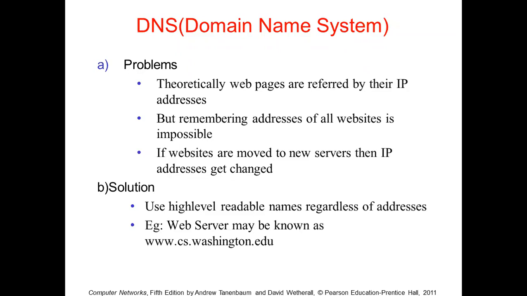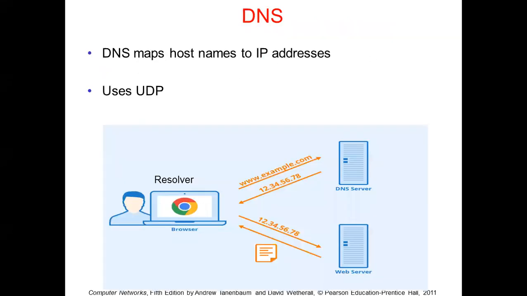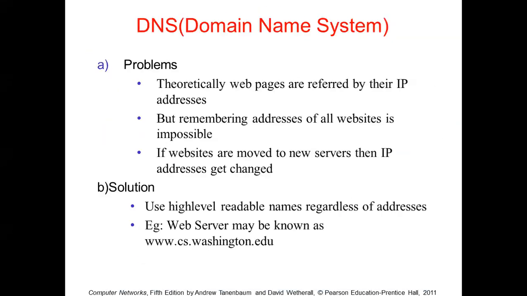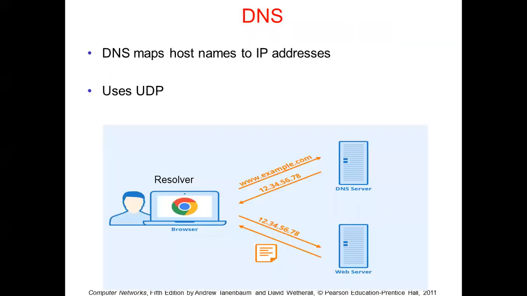And hence, usually what we do is we give names to the web pages and we access them by names. But someone has to do the mapping. Getting the name is easier for us, but how are we going to access the actual machine physically? So someone has to do the mapping between host names and IP addresses.